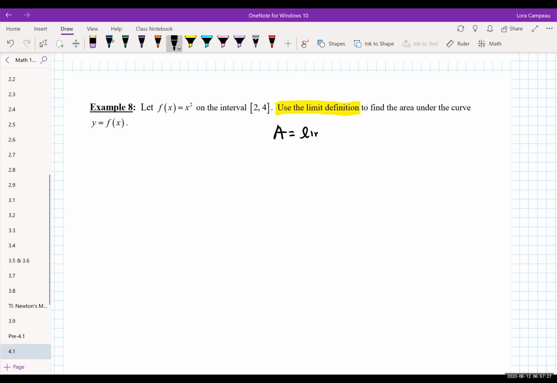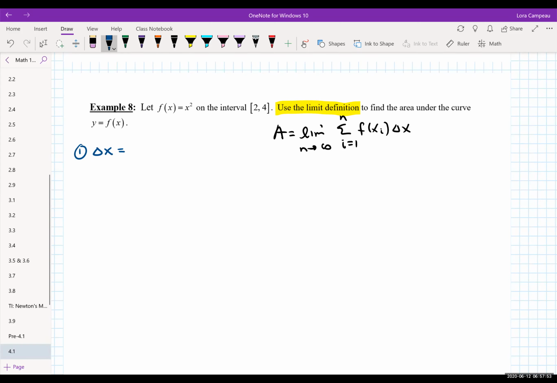The limit as n approaches infinity of the summation of i equals 1 to n of f of x sub i times delta x. By now, since we've done so many, you probably have it memorized. It's like second nature. Now, preliminary steps. Step 1, calculate delta x.